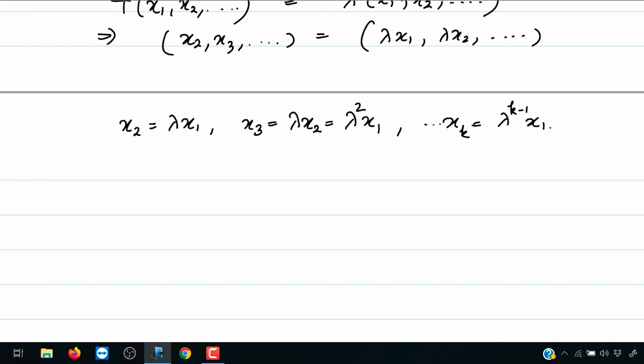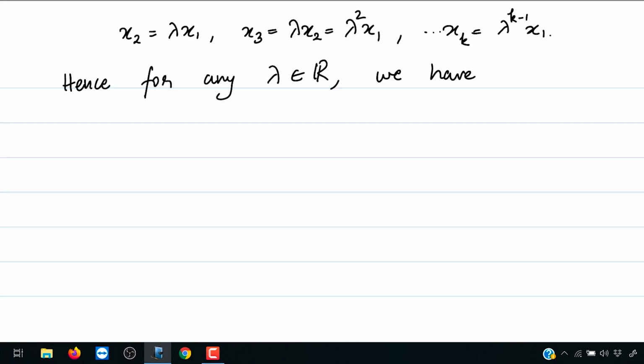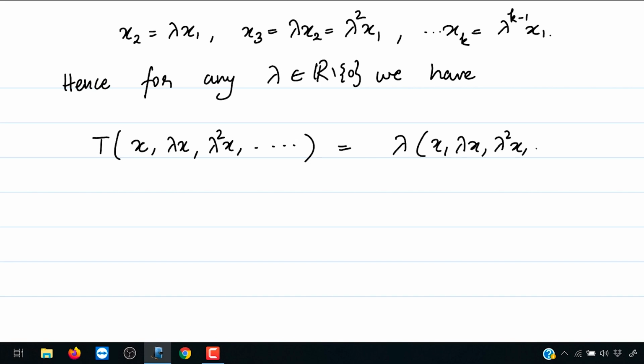So this forces the eigenvectors to be, for any lambda in R, let me put R minus 0, we have T of (x, lambda x, lambda square x, and so on) is equal to lambda times (x, lambda x, lambda square x, and so on).